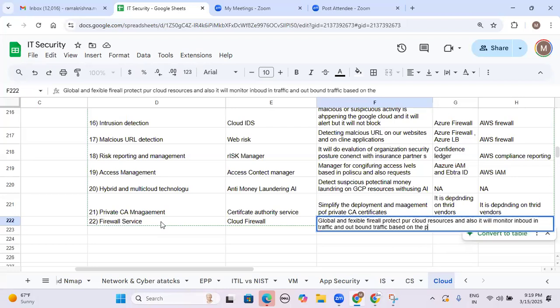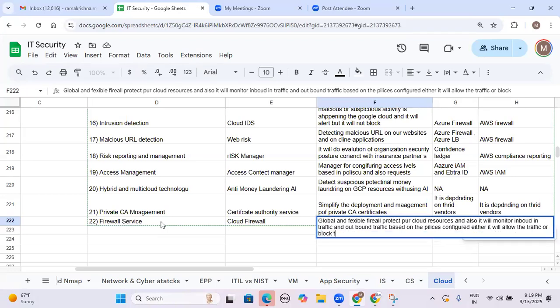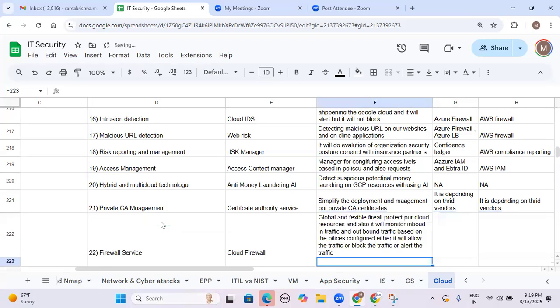Based on the policies configured, it will either allow the traffic, block the traffic, or alert on the traffic. So that is nothing but the firewall definition.